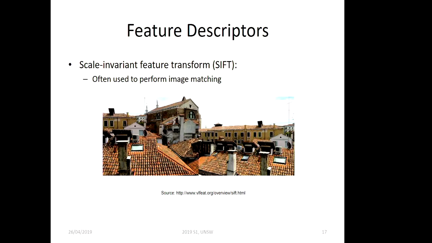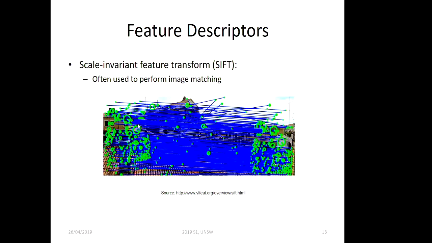One useful way of using it is if you have 2 images, you can compute the SIFT descriptors for each of them. For this image, you get this set of descriptors, and for this one, this. Then you can do a matching between each pair of key points and find the best alignment. It's like a combinatorial problem: what is the best combination of alignment between these 2 sets of key points?